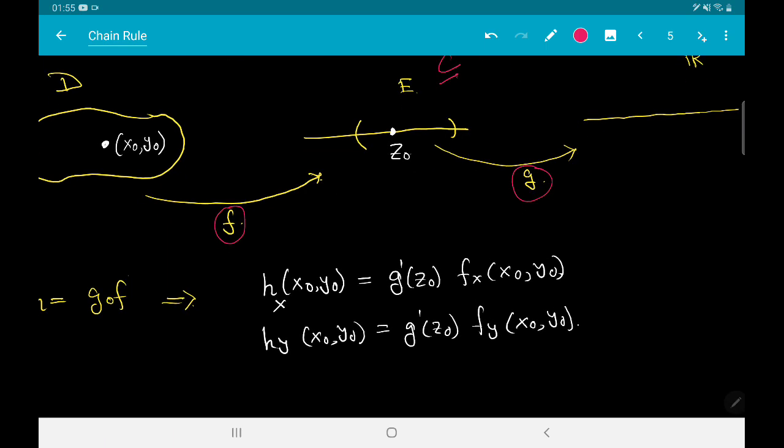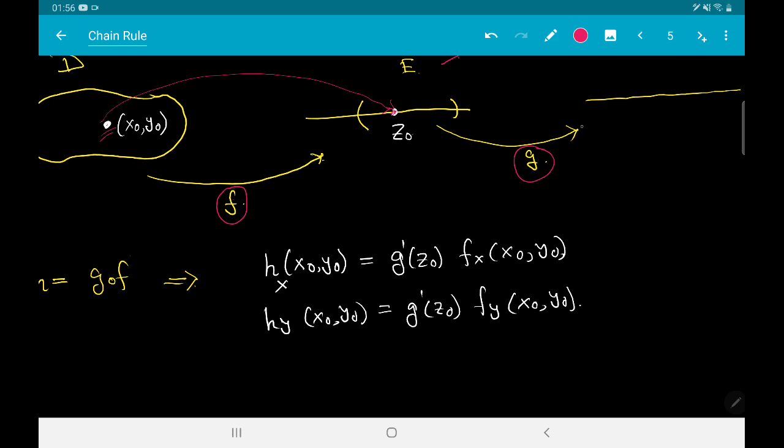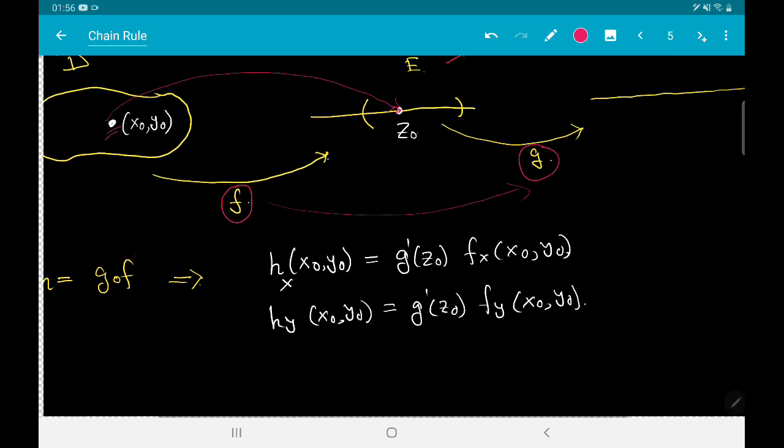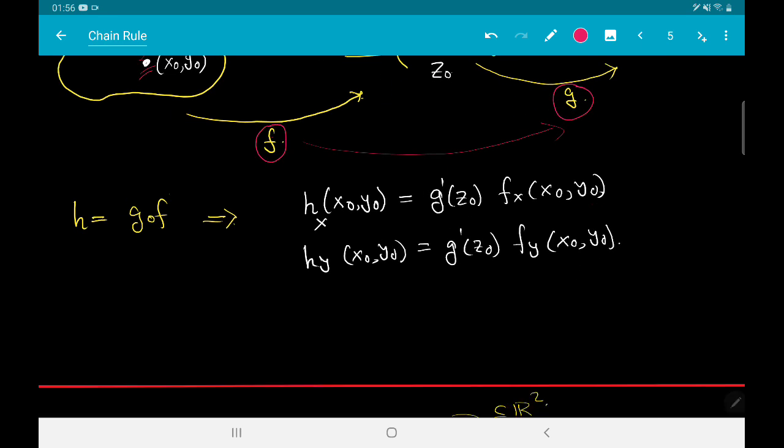With all the nice conditions being satisfied, if f is differentiable at this point and g is differentiable at the image of this point, then the composition of these two maps is going to be differentiable at the point x₀, y₀, and the total derivative can be computed very easily in terms of the partial derivatives.